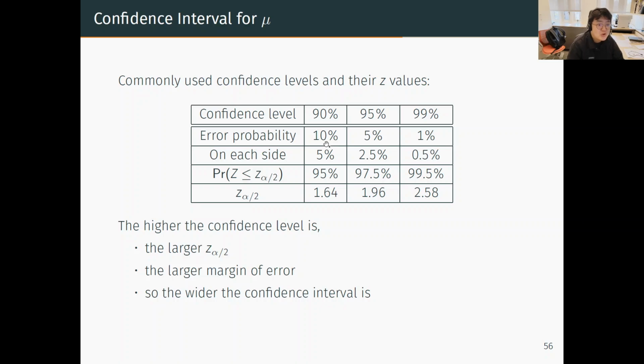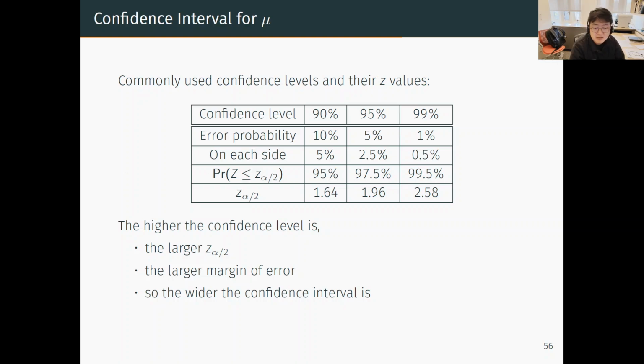That means on each side, either underestimation or overestimation, each side's error will be half of the error probability: 5, 2.5, or 0.5%. And then in terms of cumulative probability, you have to flip them, taking 100 minus this one-side error probability. So you have to find from the normal distribution the 95th percentile, 97.5th percentile, or 99.5th percentile.